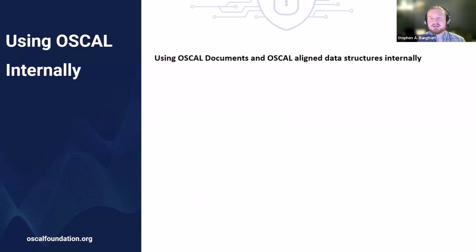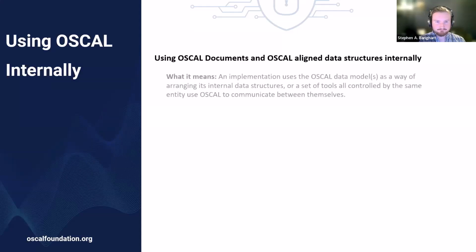The third capability that we identified was using OSCAL documents and OSCAL data structures internally. The first two capabilities were focused on external processes, consuming a document from somebody else, producing a document and sending it to somebody else. Maybe this means sending to a different tool. Maybe this means sending to a different enterprise, sending to a different organization or entity. Those are all external processes. There is a third capability that is out there and fairly common, and that is using OSCAL purely internal to your tool, internal to a system, or internal to your enterprise.